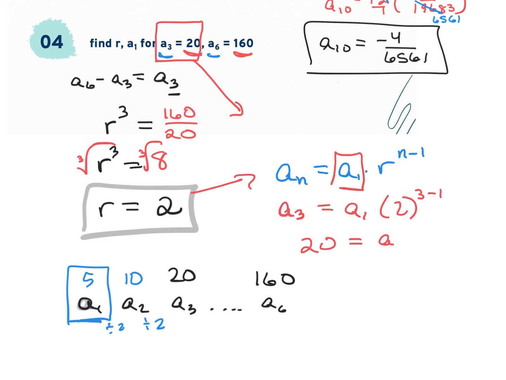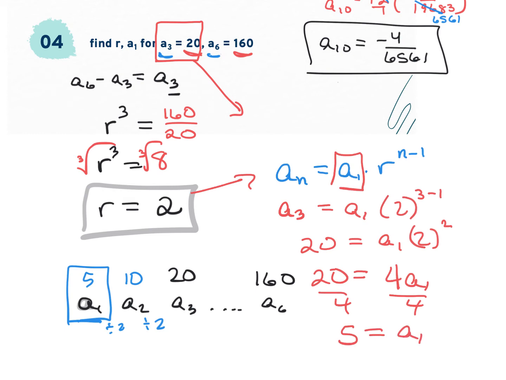I'm going to evaluate 3 minus 1, and that gives me 2 squared. And 2 squared is 4. Now I can divide both sides by 4, and my first term of my sequence is 5. So this is what you're going to have to do on the test, because it's not going to be as close as this one.